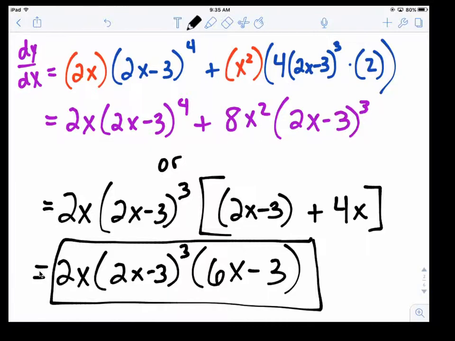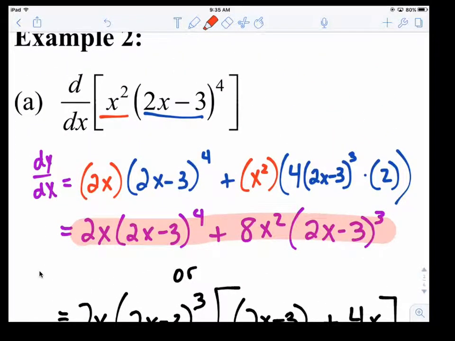Again, you could stop here, but then you got to look at your answer choices and like originally distribute, well, you'd have to multiply 2x minus 3 out 4 times, which would take a while.